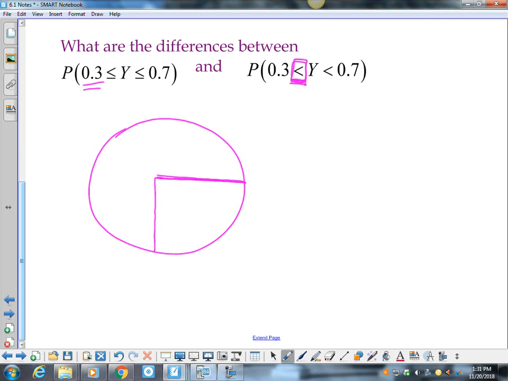There's no difference. Either way, I'm getting 25% of this cake. It's not about whether you slice it on the line or just on the other side of that line, because it's cake. There's an infinite number of cake in between where you can slice it and where you can slice it right beside it. It's non-existent. There is no difference.